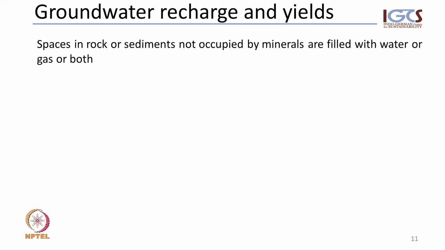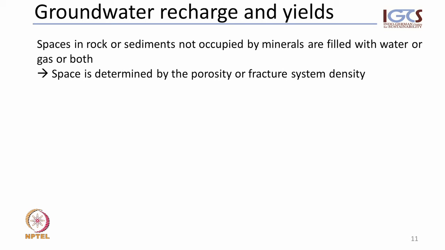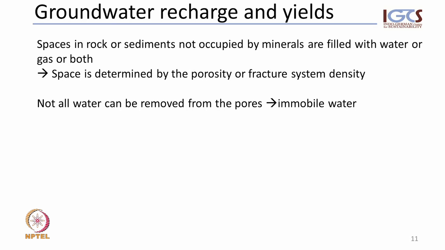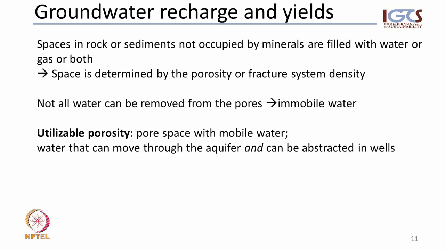As I've said, any of these spaces in rocks or sediments which are not occupied by minerals are filled, in most cases either by water or by gas, air for instance, or by both of them. That space is determined by a property called porosity or fracture system density. Now, not all of the water occurring in these spaces can be removed from them, and we call this water immobile water.